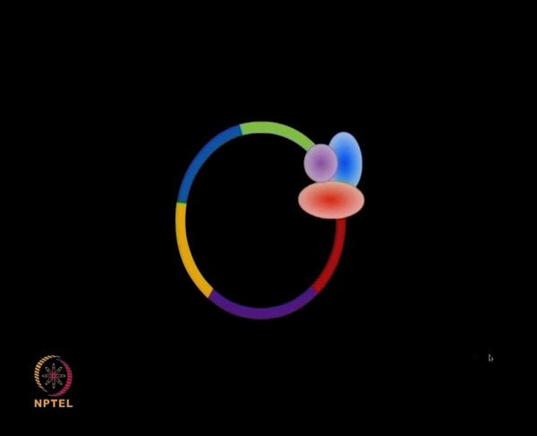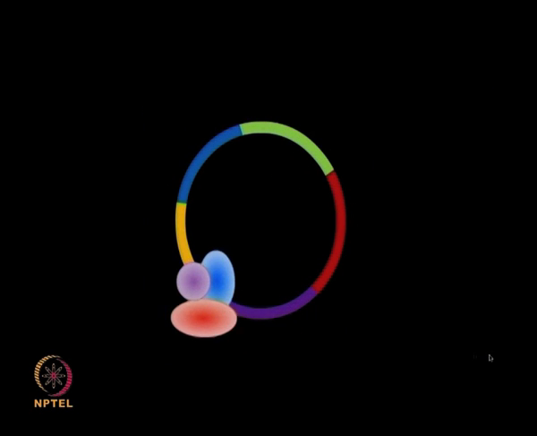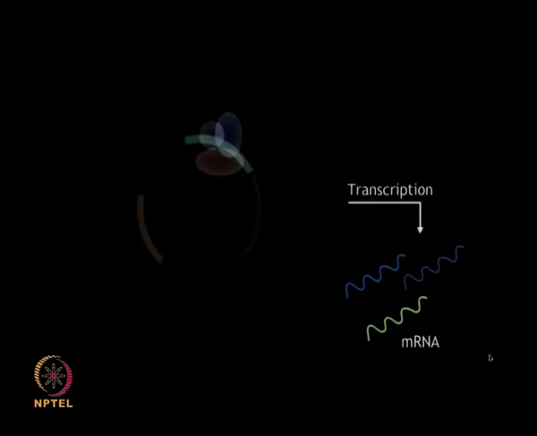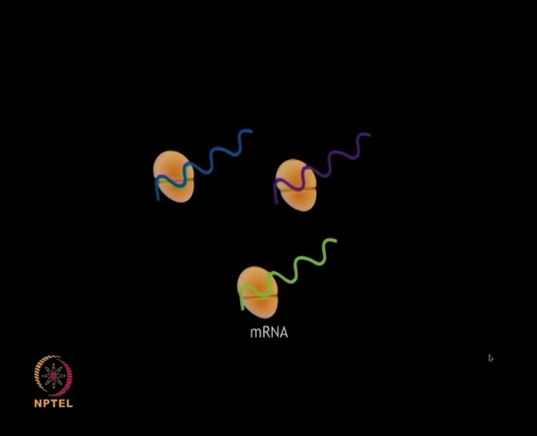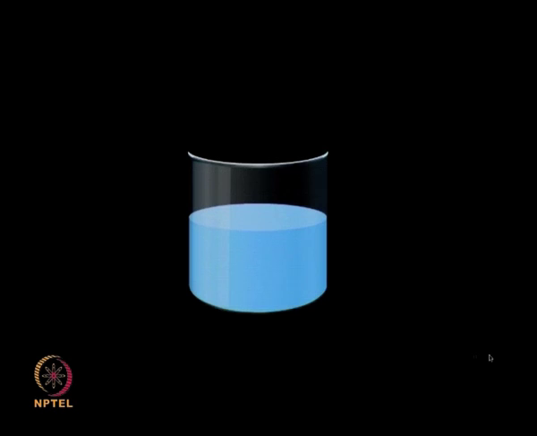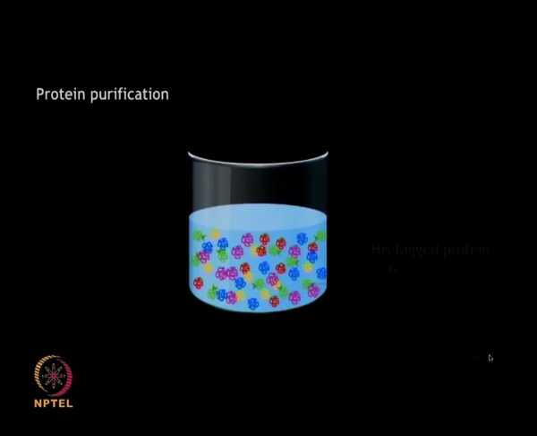The host cell machinery is used for transcription and translation, which results in a mixture of proteins consisting of the target proteins along with other host proteins. Since the protein of interest is expressed along with other proteins native to the host, it is essential to purify the target proteins before they can be used for protein microarray applications.